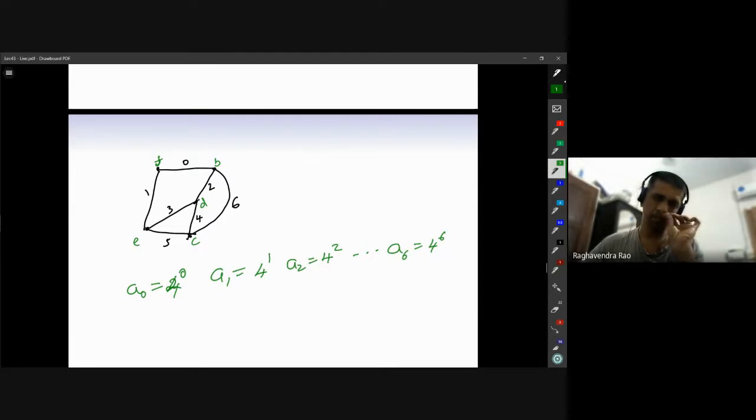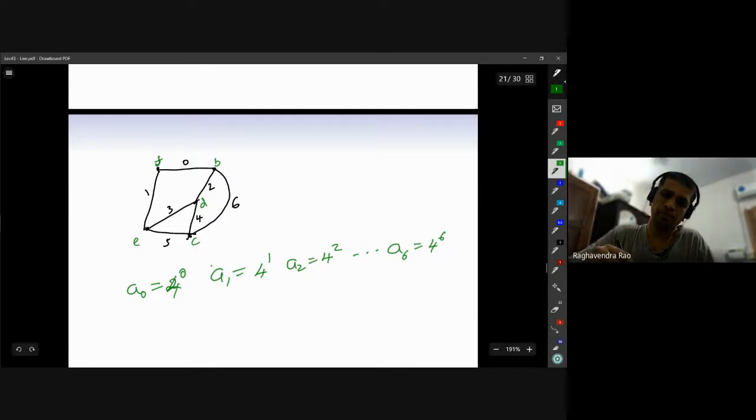And AB is basically, m is 7, so 4 power 7 plus 4 power 6 plus 4 power 2 plus 4 power 0.